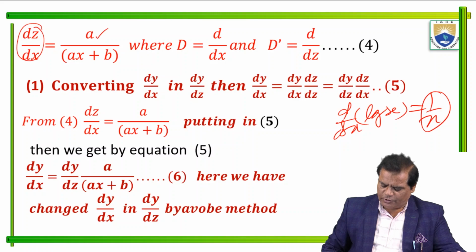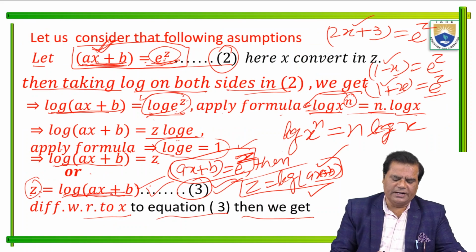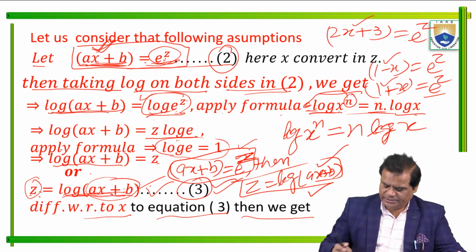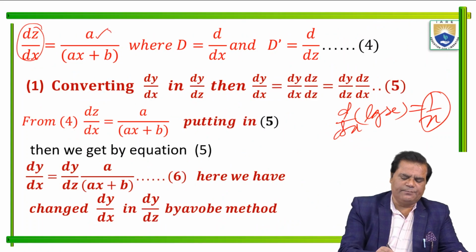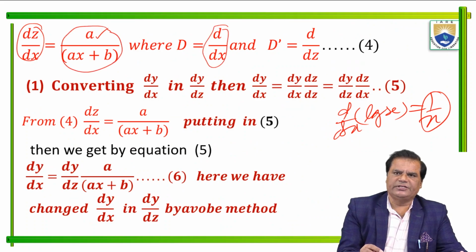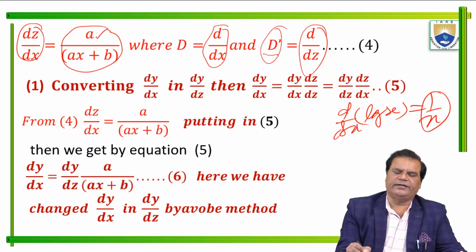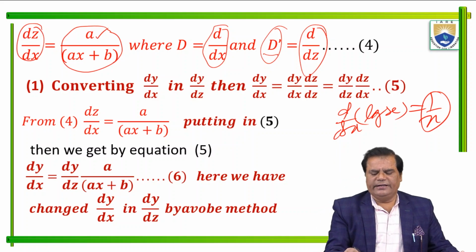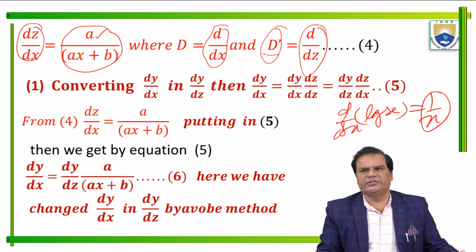So the differentiation of log ax plus b is 1 upon ax plus b, and the differentiation of ax plus b is a times 1 plus 0, so a. So we get a upon ax plus b. Here D is differentiating with respect to x, and D dash means differentiating with respect to z.